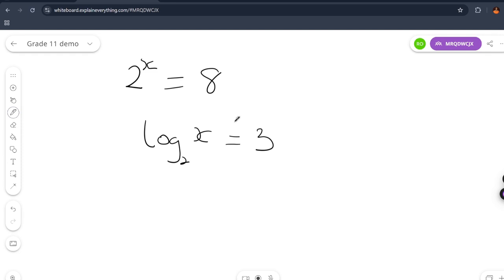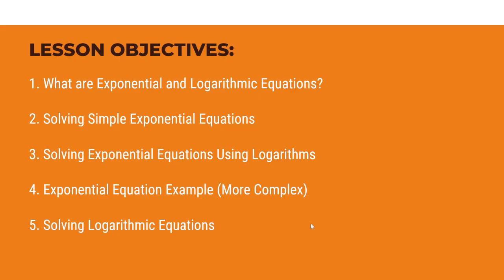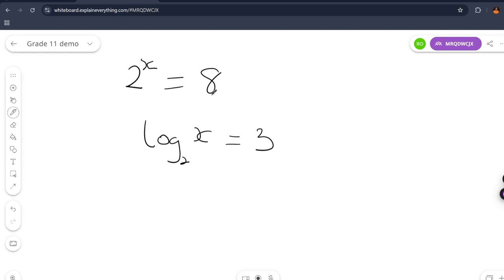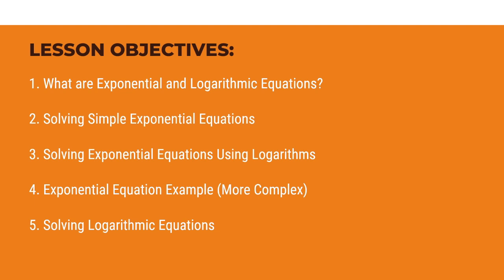This one has the variable in the exponent, as the power, and this has a logarithm in it. Logarithms are the inverse of exponents, and they help us bring down the power. When we have a power like this and there is no other way to solve it, we can use log to solve or simplify it. So that is what exponential and logarithmic equations are.